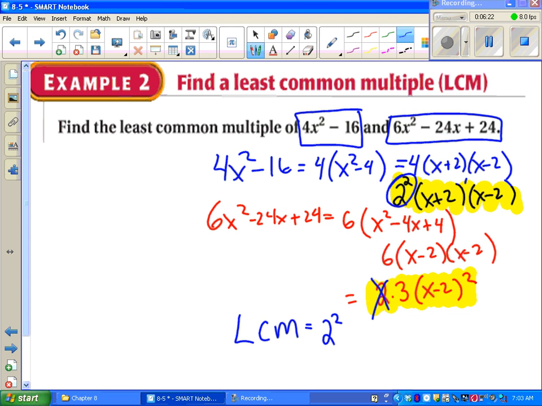Down below I don't see any x plus 2. So the highest power is x plus 2 to the first. Next up I see x minus 2 to the first and x minus 2 to the second. X minus 2 to the second has the higher power, so I keep it.